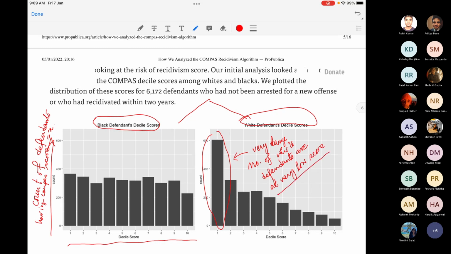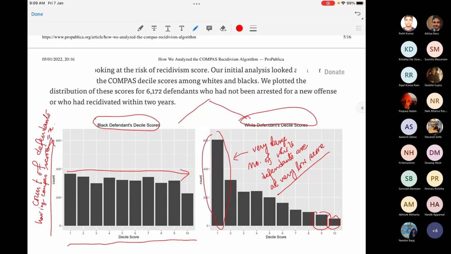And the number of people who are having high scores for white defendants is pretty low, whereas for the black defendants it is more or less evenly distributed.